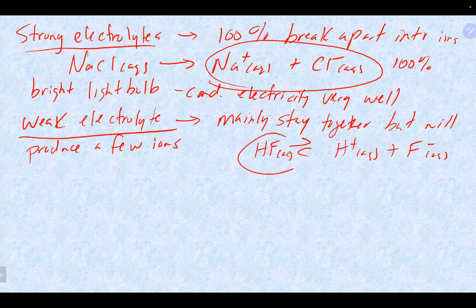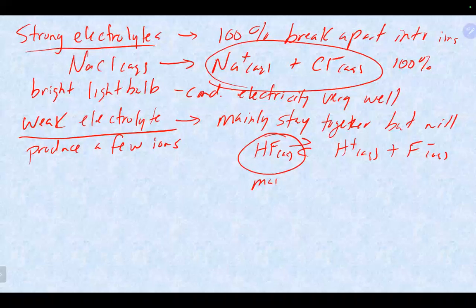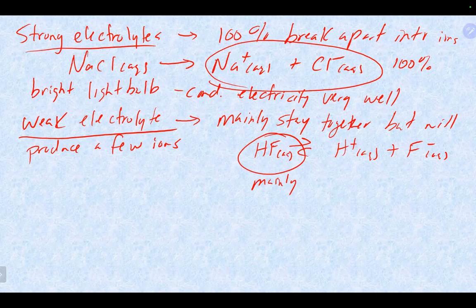But mainly what you have in that solution is still the whole unit together. But because it's able to produce a little of these ions in solution, we still have the presence of ions in that solution. So it's still able to conduct electricity, but nowhere near what a strong electrolyte could do.